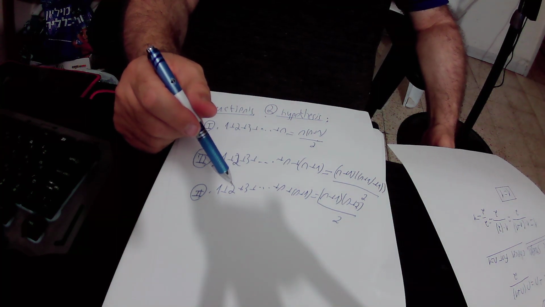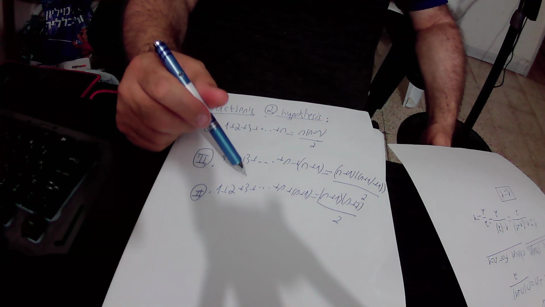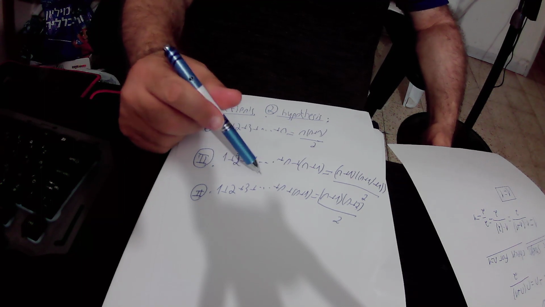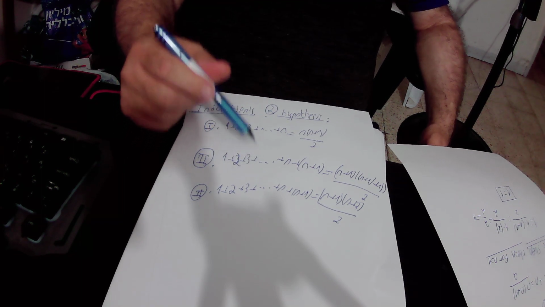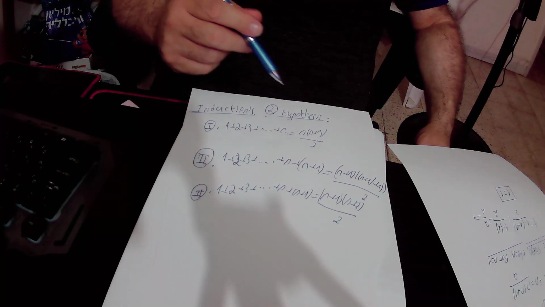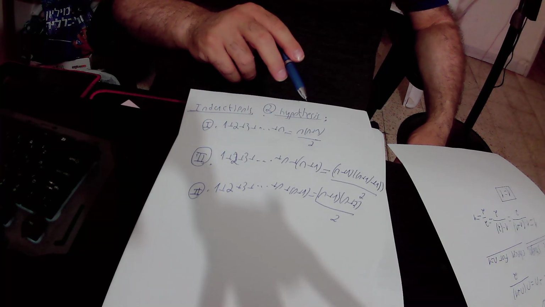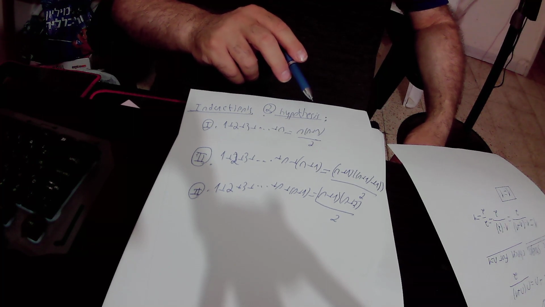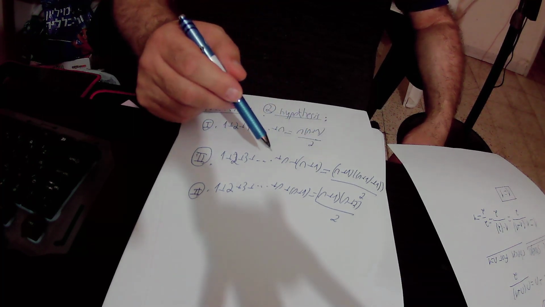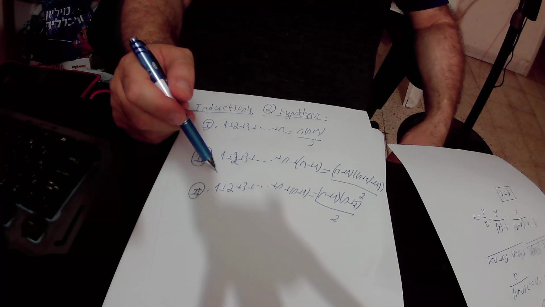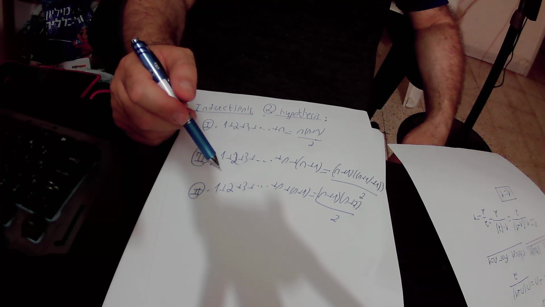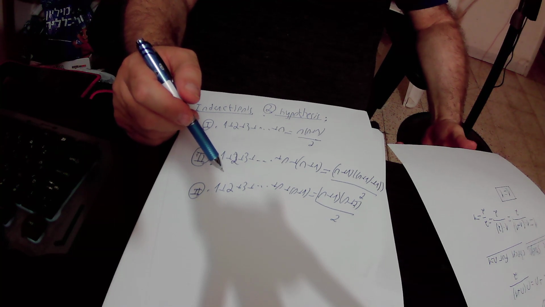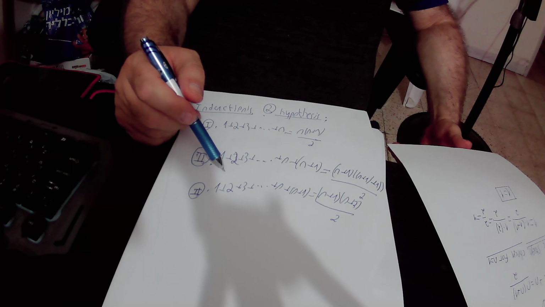So the expression for n plus 1 is 1 plus 2 plus 3 plus ... plus n plus n plus 1 equals to... wherever it is written n in the original expression for n, we will write n plus 1, because in the expression of n plus 1 we want to create the expression that is for n plus 1.